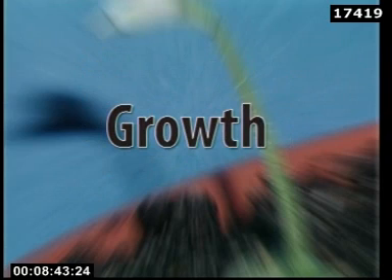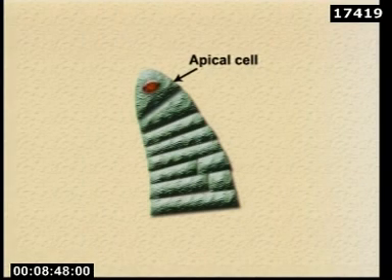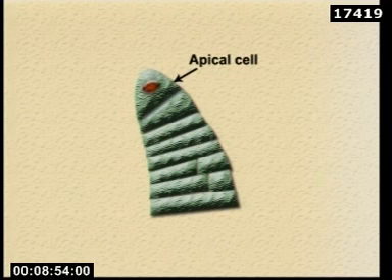Now, growth. The thallus of Polysiphonia grows by means of a dome-shaped apical cell, which is situated at the extreme tip of the naked part of the central siphon. It cuts off a series of segments parallel to its flat posterior face. These segments elongate to form the axial siphon.